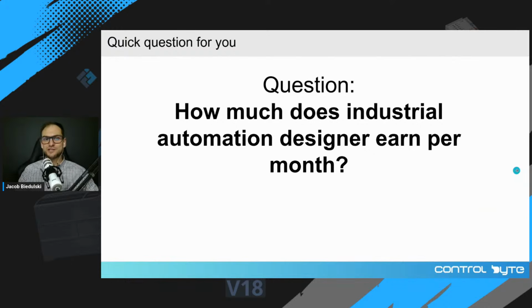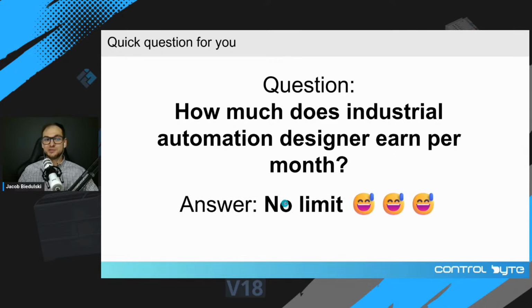Okay, quick question for you. How much can an Industrial Automation Designer earn per month? The answer is no limit. It depends on your hard work and how much you seek for your perfect dream job, okay?